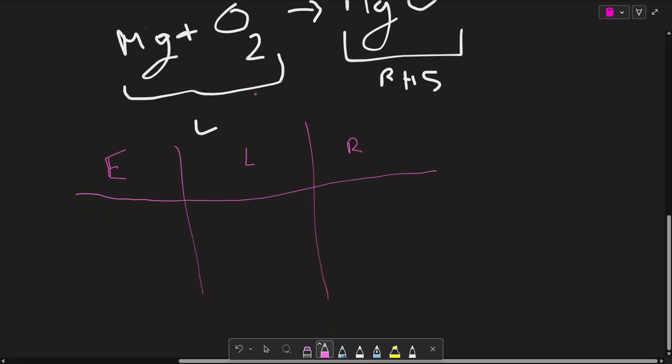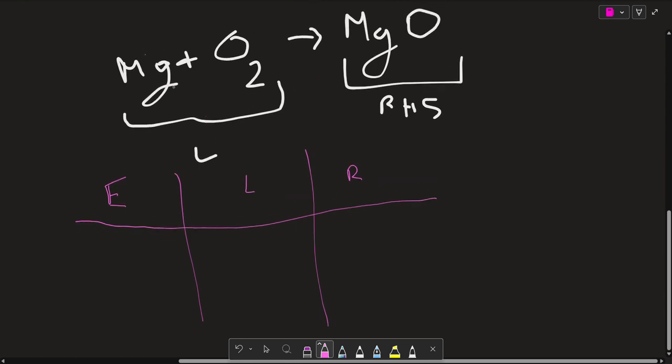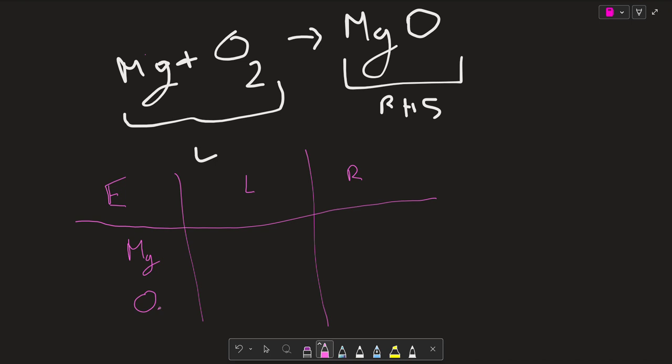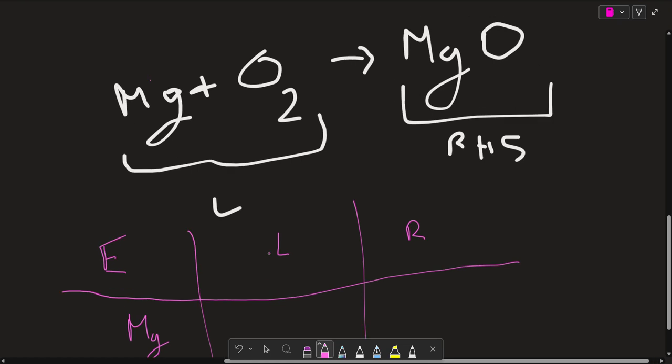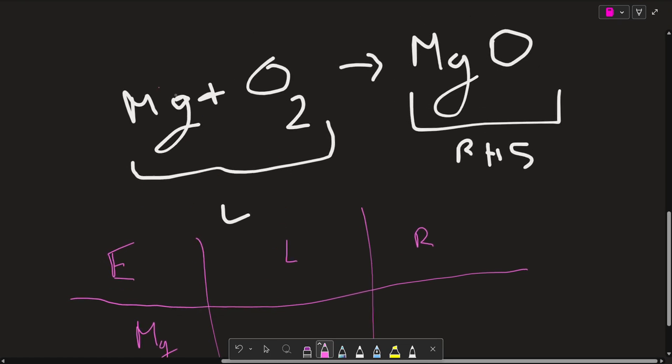Okay. So what are the elements that are involved in this reaction? Magnesium and oxygen. So we mention those elements in the element column. Magnesium and oxygen.